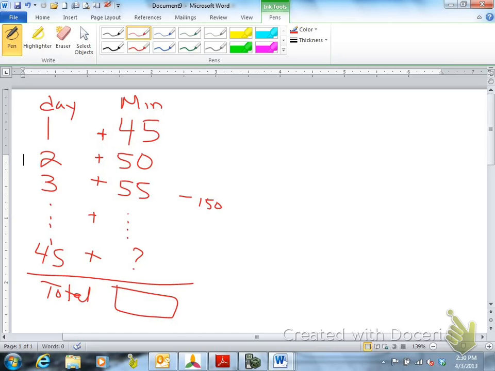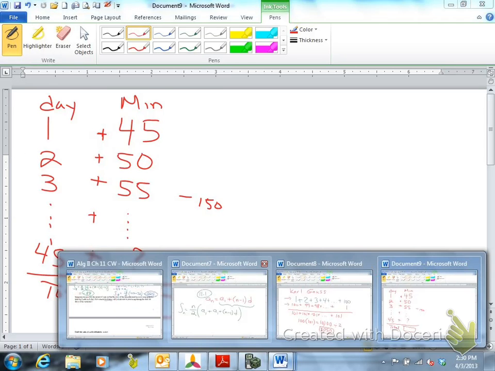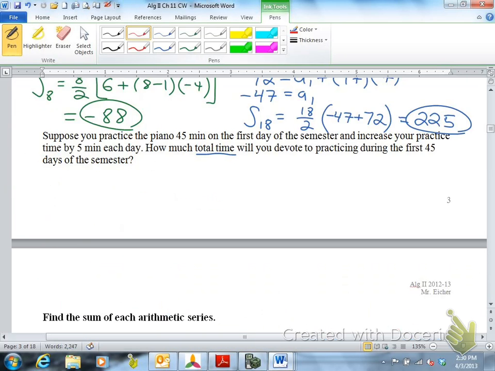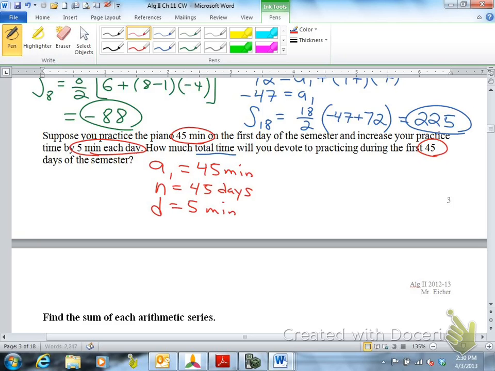The short way would be to use one of the formulas. So you would have a sub 1 is the amount of time practiced the first day, which is 45 minutes. N is the number of days that you practiced, which is 45 days. You increased 5 minutes every day. That would be d, 5 minutes every day.